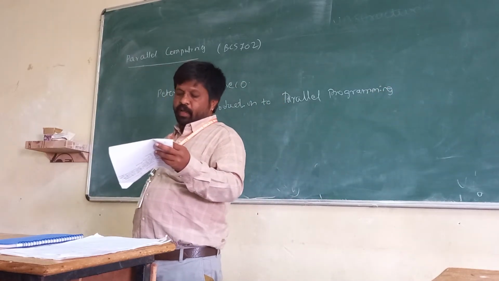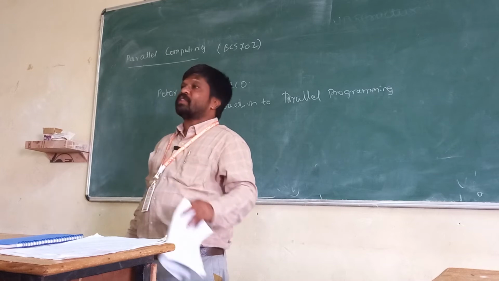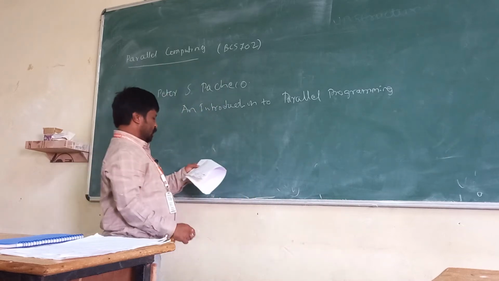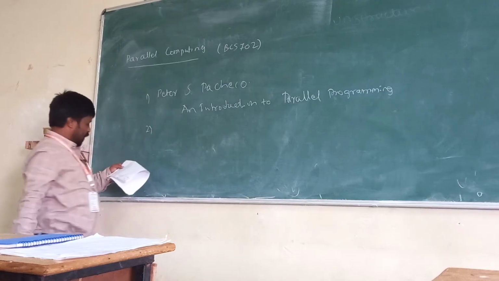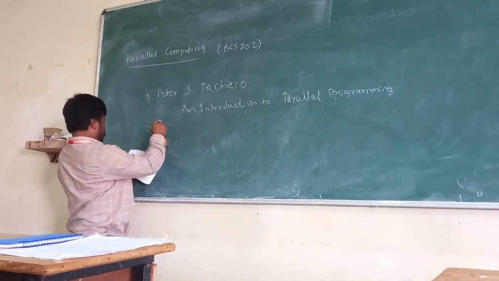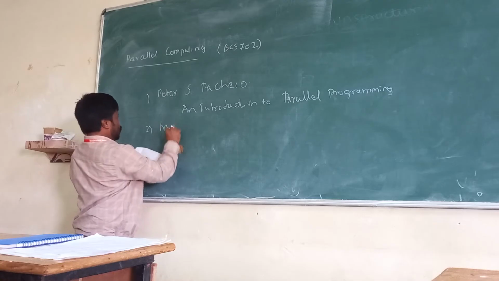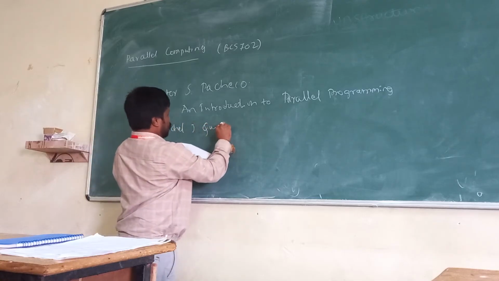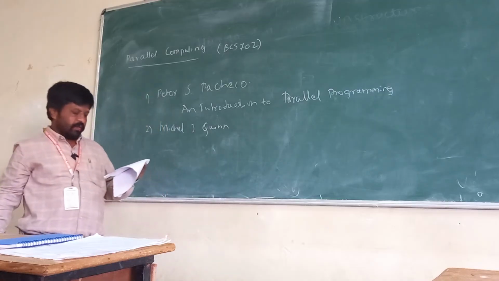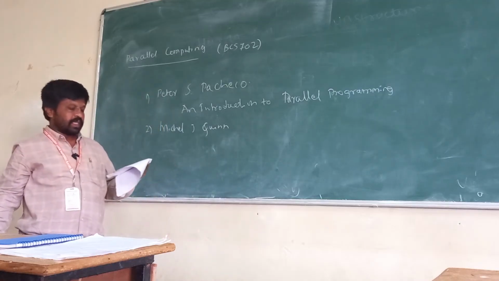You need one more book as well. This is the first book, and the second textbook is by Michael J. Quinn: Parallel Programming in C with MPI and OpenMP.